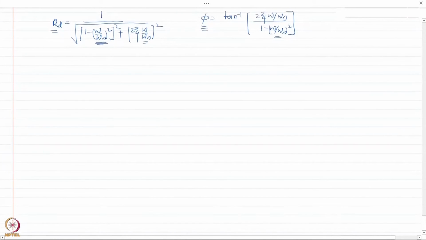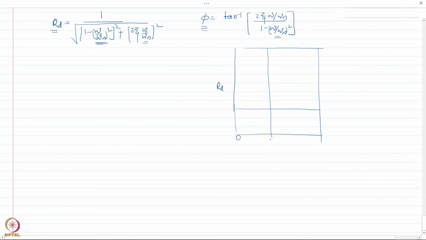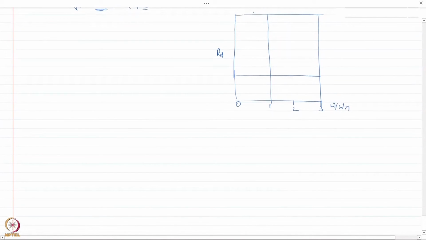If you remember from the previous lecture for an undamped system, let me draw it on the side. So we had something like this. Let us say this is RD, the displacement response factor or deformation response factor, and the horizontal axis is the frequency ratio. Just below this we will also draw our phase angle.